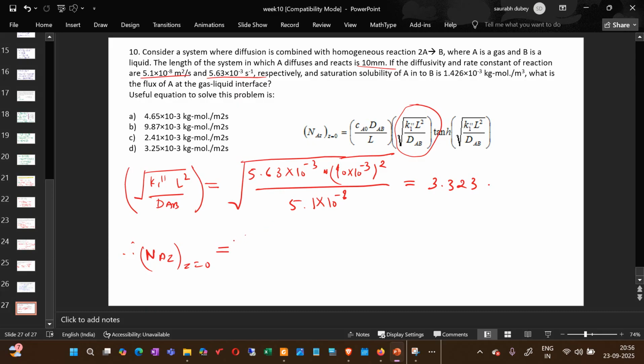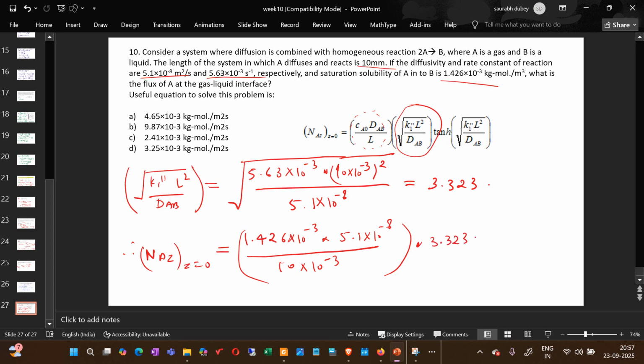C naught is what? 1.426 into 10 to the power minus 3, into the diffusivity, divided by 10 into 10 to the power minus 3, multiplied by this value 3.3, multiplied by tan hyperbolic 3.3.